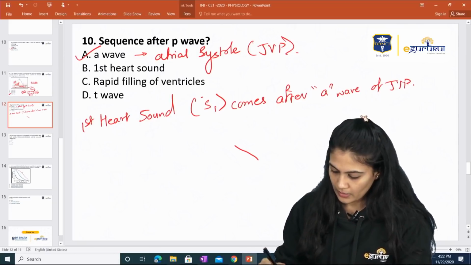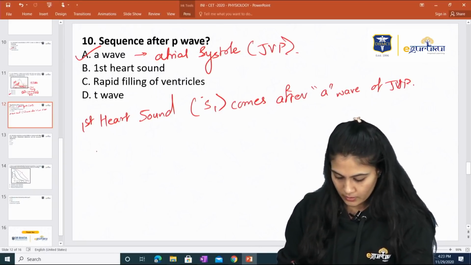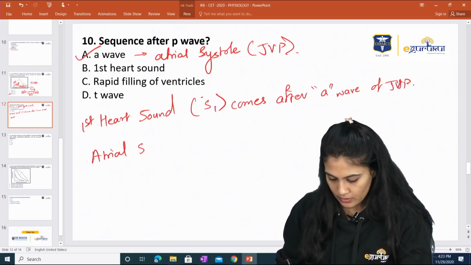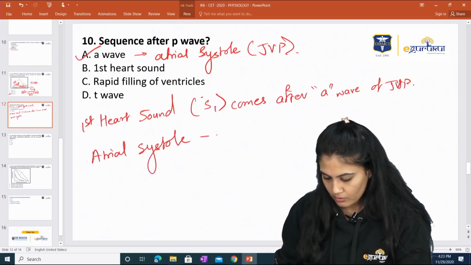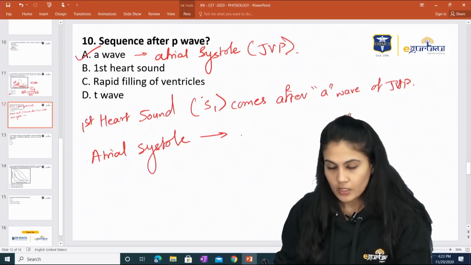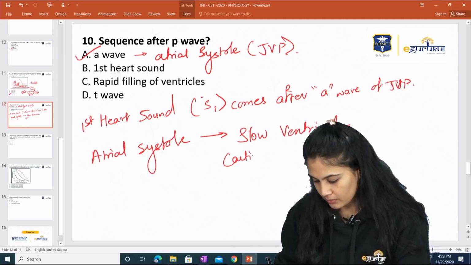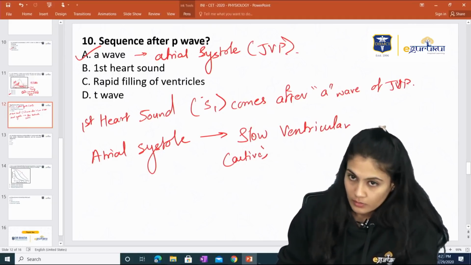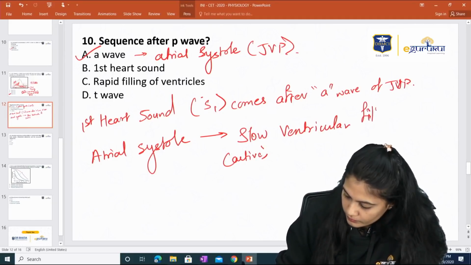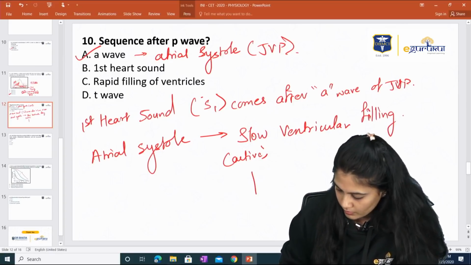And whenever there is an atrial systole, what is going on? That means the slow ventricular filling, slow and active ventricular filling is going on. The rapid filling is already done.